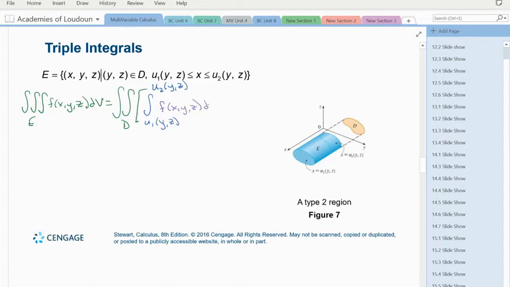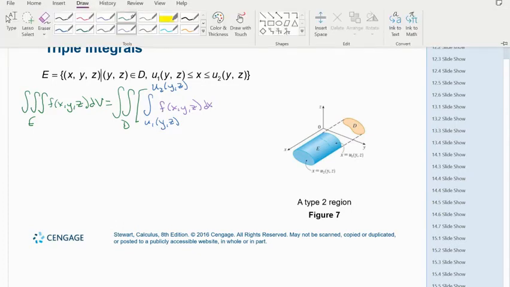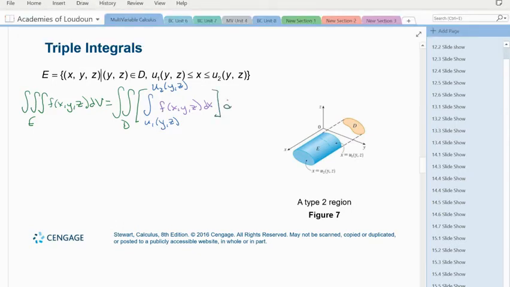Again, we're going to integrate this time with respect to x first, and then dA.